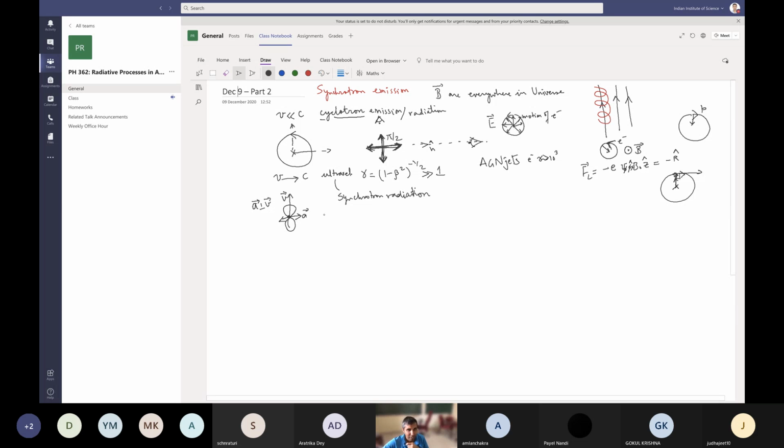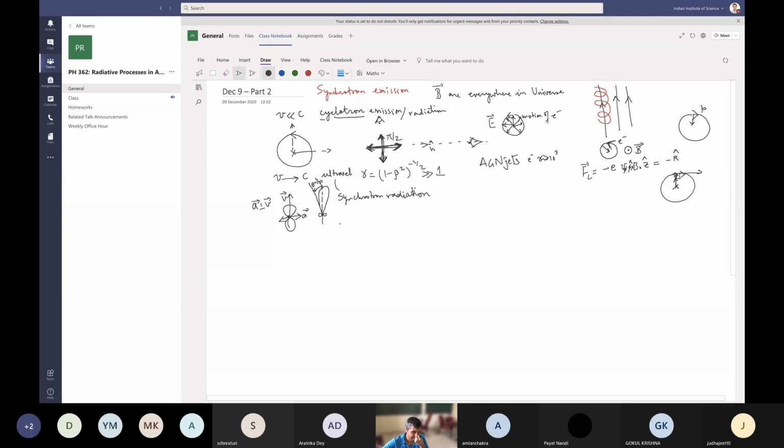In the lab frame, because of beaming, all the radiation becomes forward beamed in a very small angle, which is of order 1 by gamma.